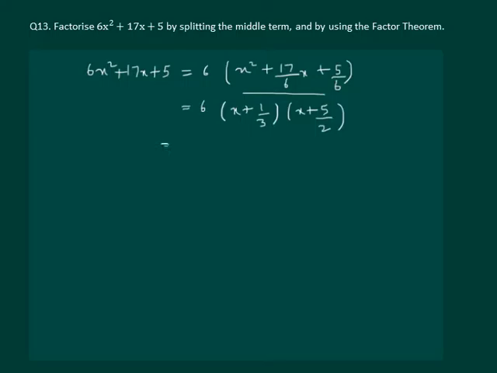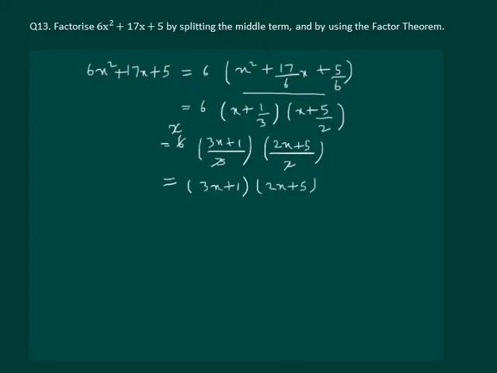This can be solved further and we can get 3 as LCM, 2 as LCM, and solving further, finally we get two factors as 3x plus 1 and 2x plus 5.